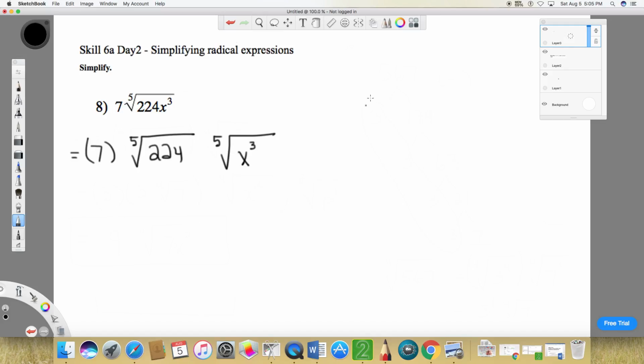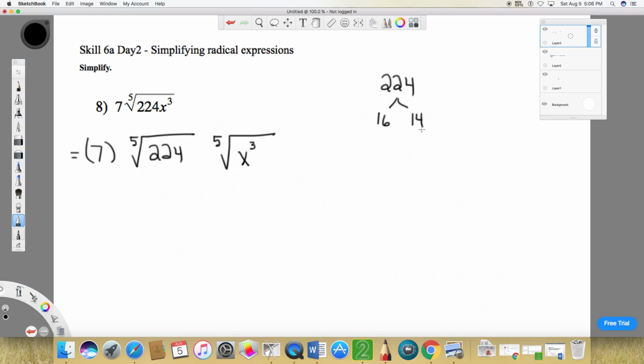So we do have to take 224 and come over here and break it down. So we know that it's divisible by 2, but is there any other bigger numbers? I don't know. What about 16? Is it divisible? Yeah, I just guessed another larger. 16 times 14 is 224.